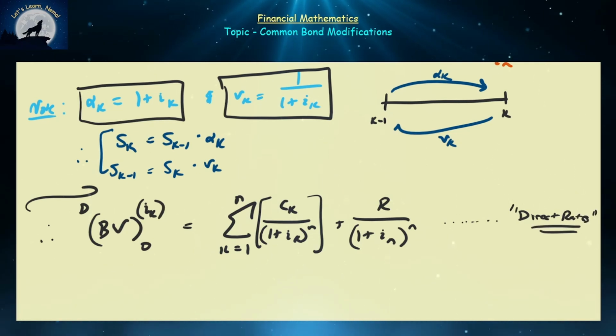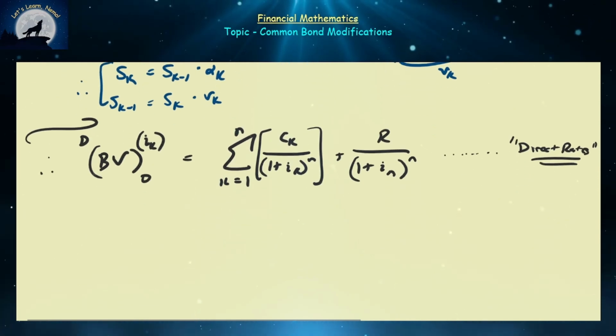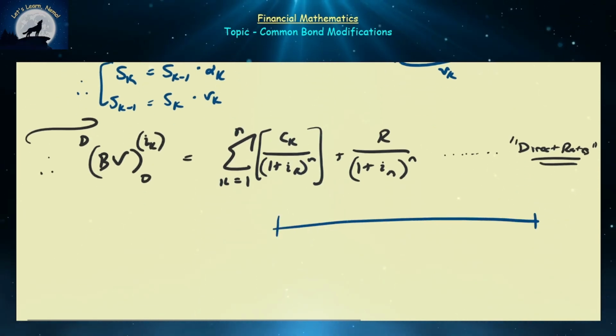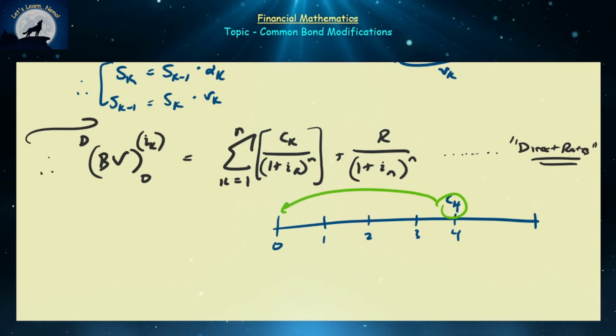Now keep in mind, what is this direct rate? If we've got 0, 1, 2, 3, 4, for example, we have this C4 payment here, and I'm discounting it backwards by v4 to the power of 4.